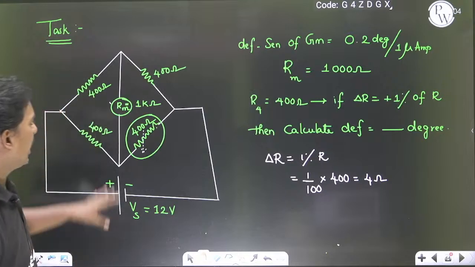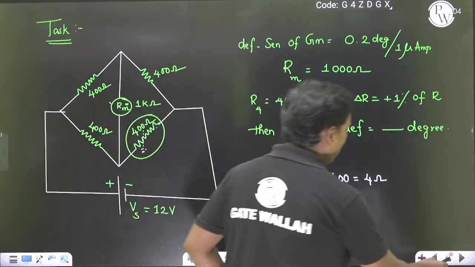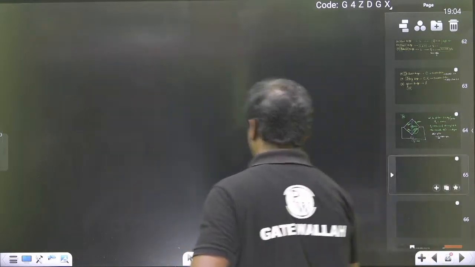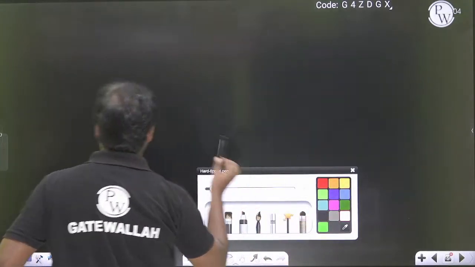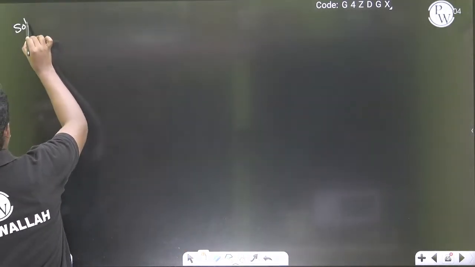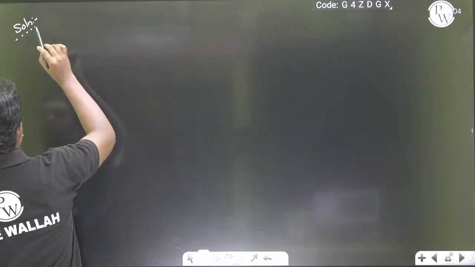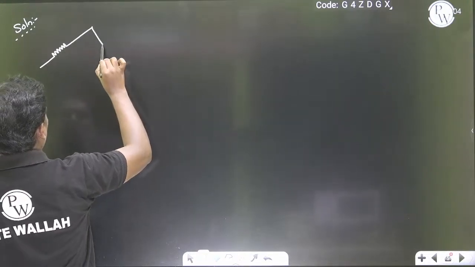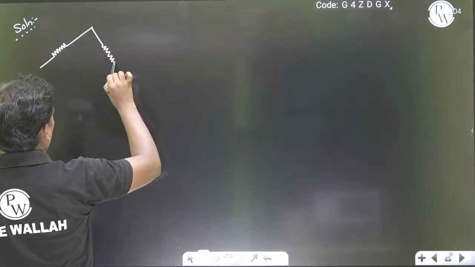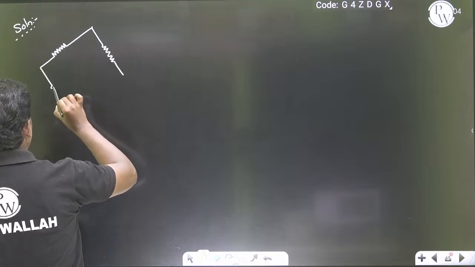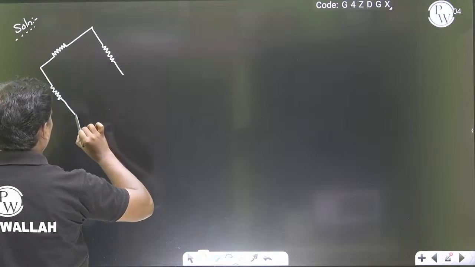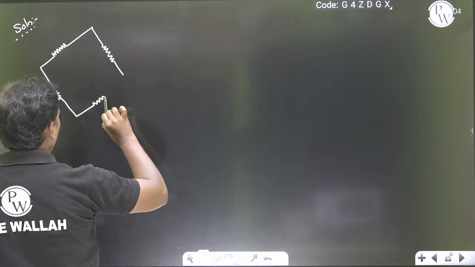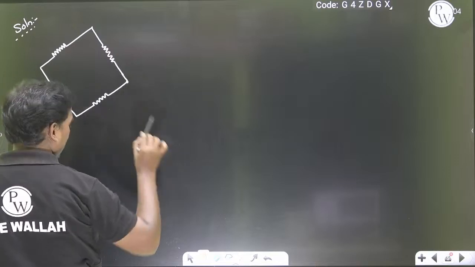So now if you take this bridge, what is the bridge configuration now? Once the delta R is changed, what is the bridge configuration going to be? So this is our 400 ohms. This is our 400 ohms. This is our 400 ohms, and this is our 400 plus something. Okay?